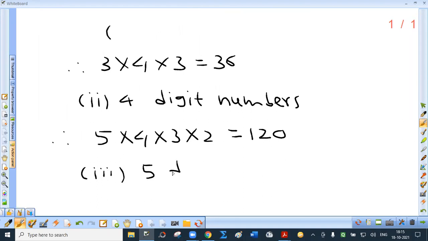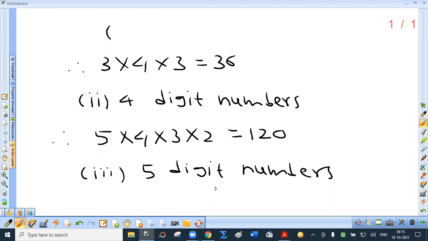Third case, 5-digit numbers. In that write down.